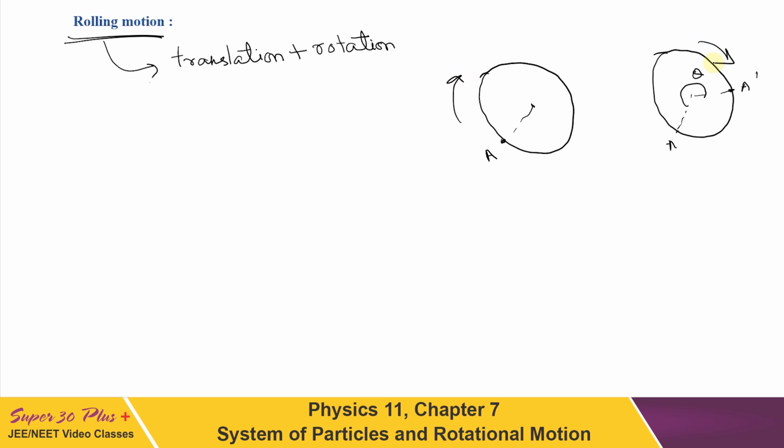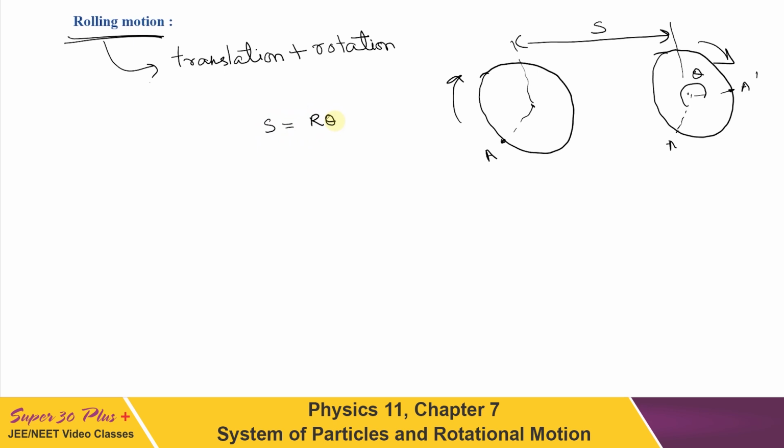It is rotating in the shown direction. Now what about the center of mass? The center of mass has traveled a horizontal distance, let that be S. Now S can be written as r theta, because as the body is rotating through angle theta, its center of mass has to move by distance r theta. So S is equal to r theta.